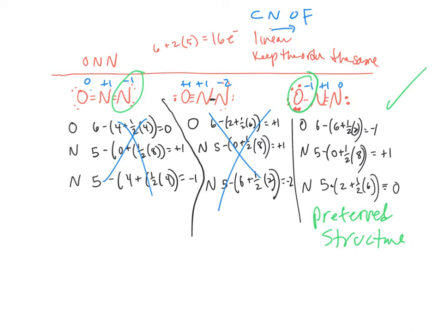All right, then the next one was PCl3. So PCl3, you have 5 plus 3 times 7, 26 electrons. So there's going to be two ways you can draw this one.